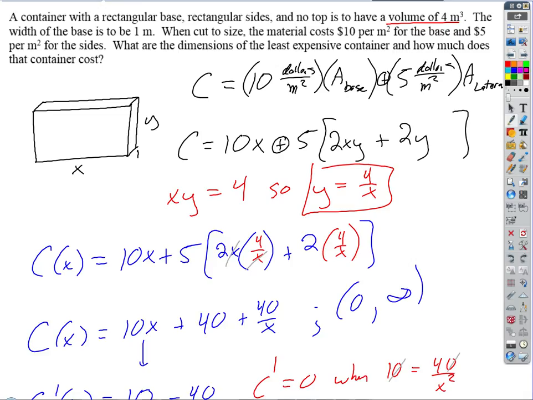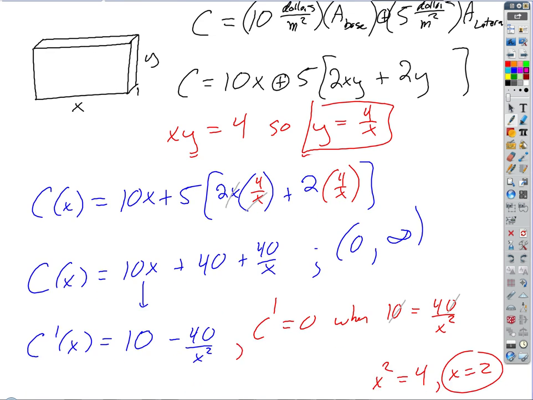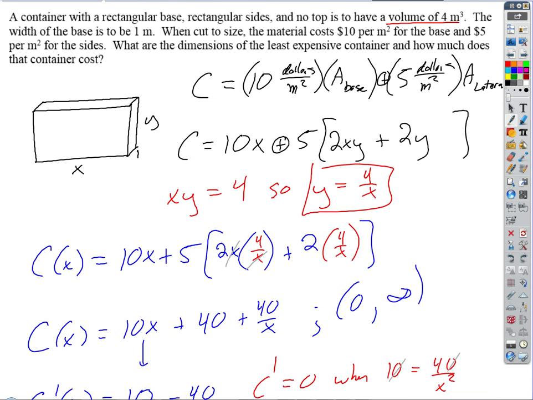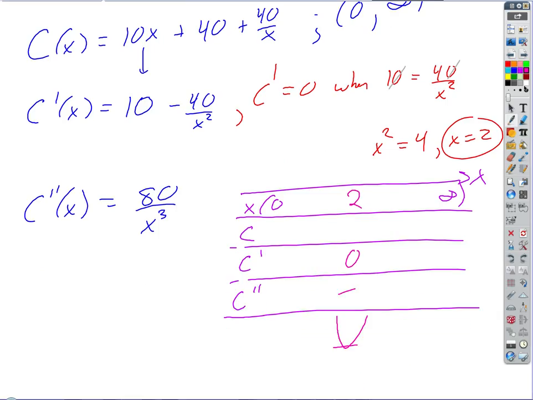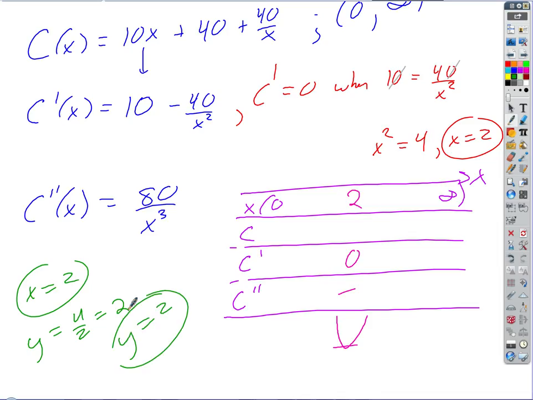X is 2, so what's y going to be? x equals 2, y equals 4 over 2, which is 2.